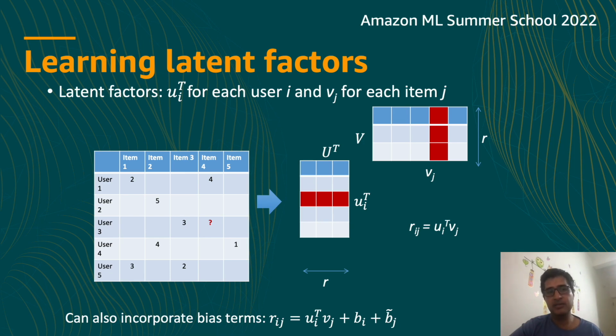So in this particular case, user 3 bought item 3 and gave it a rating of 3. Whereas similarly, user 2 or user 4 gave a rating of 4 to item 2. But essentially, user 3 has never bought item 4, right? So we don't know what rating user 3 would give.